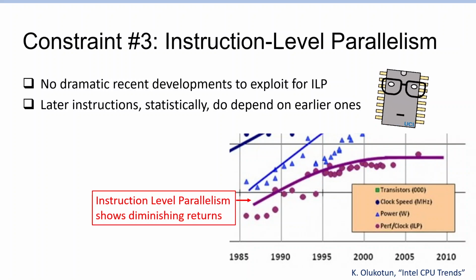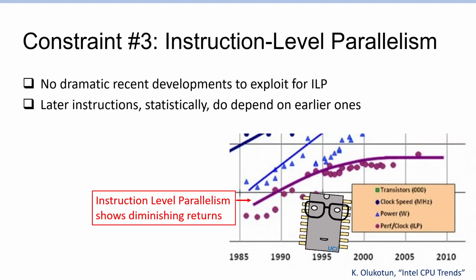It turns out because later instructions statistically do depend on earlier ones. As we were adding things like pipelining and superscalar and out of order processing, we were able to exploit more and more ILP, but it seems that there hasn't been a very recent addition which happened to dramatically enable us to exploit more ILP from a single thread program. So we are reaching sort of a diminishing return there.